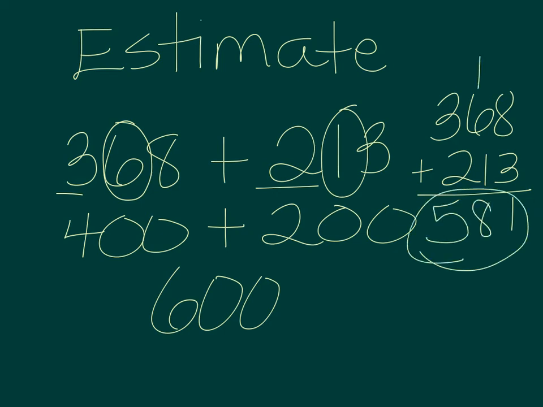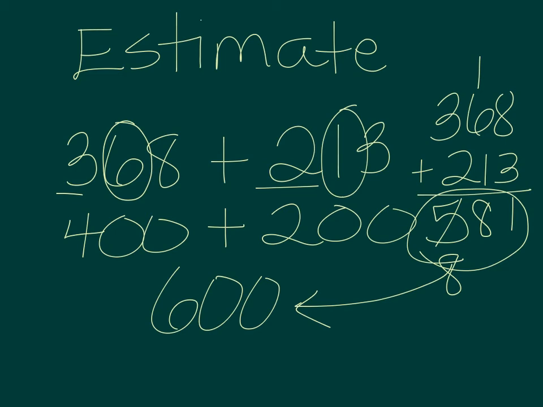My answer should be close to my estimate. And that tells me whether or not this answer is reasonable. So for example, if I would have added wrong and I would have had an 8 here, but my estimate is 600, then I know I got to go back and check my work because my answer is very far away from my estimate. So that's how we're going to be using rounding.